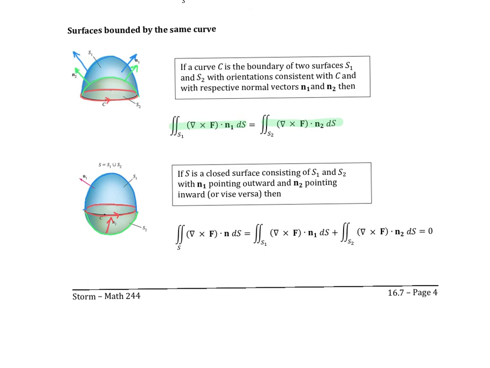And the normal vector for the upper is going to be an outward facing normal vector. So you'd have these types of normal vectors. What's going to happen is when you compute the circulation for the bottom piece and you add it to the circulation for the upper piece, they're going to cancel each other out because one is a negative, one is a positive. If you have this situation, circulation is simply 0. So those are just some properties that go with circulation and curl in three-dimensional space, and that's it for this section.